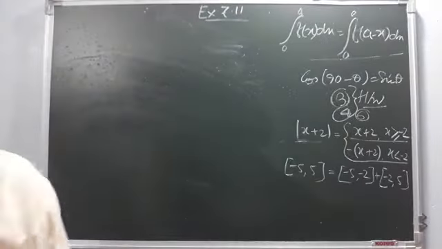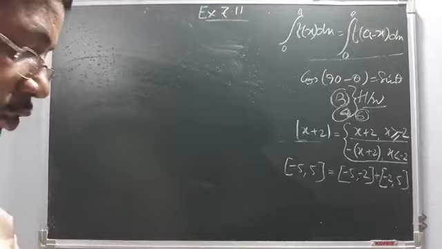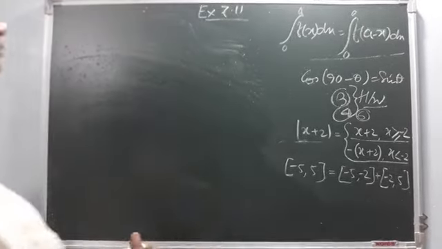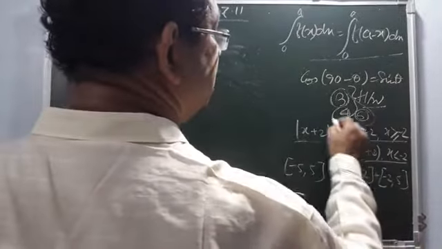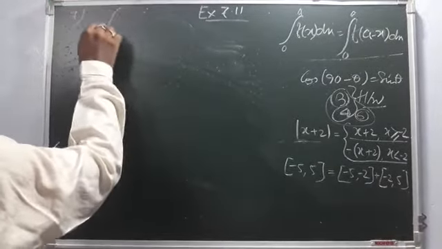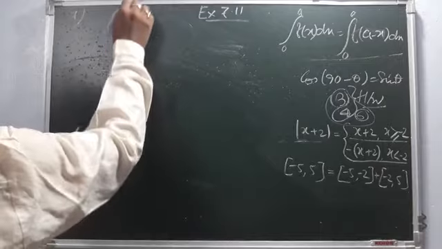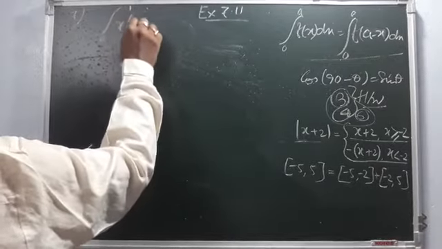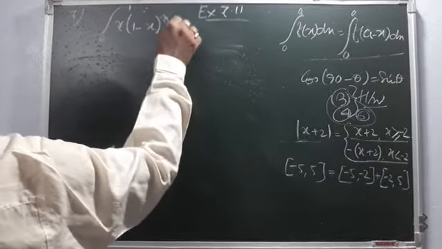That already we have shown, how to show your answer. So 3, 4, 6 are your homework. Now question number 7: integration 0 to 1 of x times 1 minus x to the power n dx.